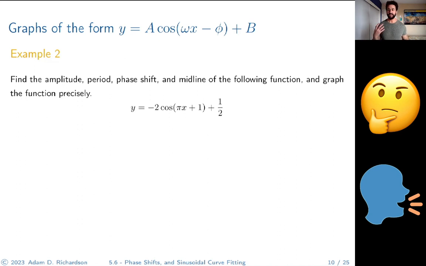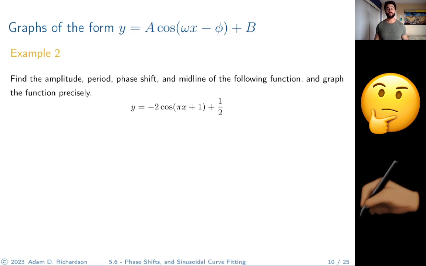Where are you going to start? What was something from the last process that you thought was the most difficult? Just say anything out loud to give your brain that feedback. All right, now try to work it out on your own. See if you can find the amplitude, the period, the phase shift, the midline, and graph the function on your own, and we'll do it together in just a moment.